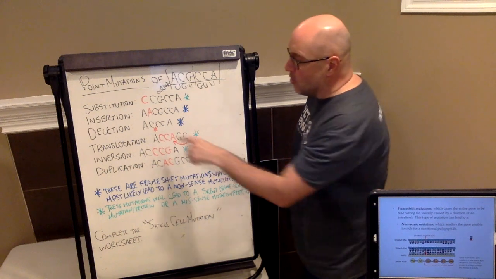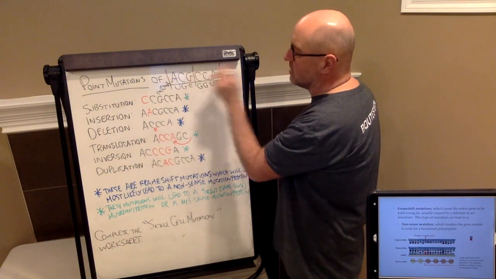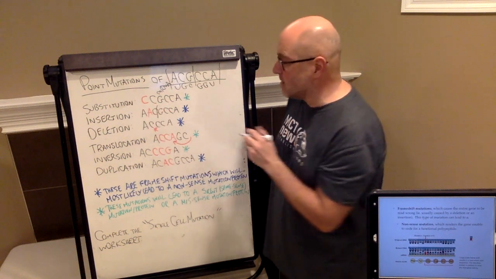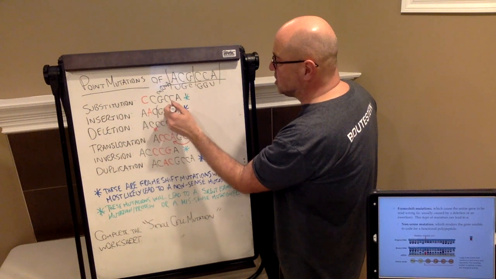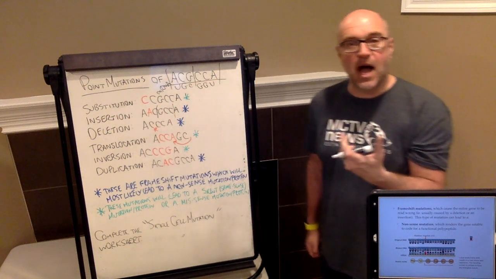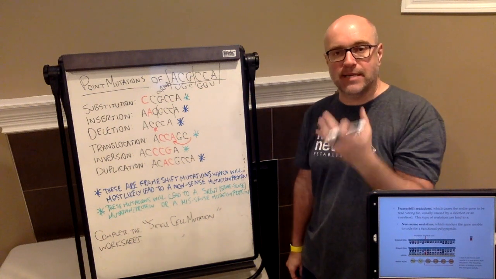So now, for example, my initial codon here was ACG CCA. Well, because I've added one here, now my first codon is going to be AAC. My second codon is going to be GGC, and you can see the problem. The A now, which was at the end of my triplet on the top, now becomes the beginning of the next triplet down the line.